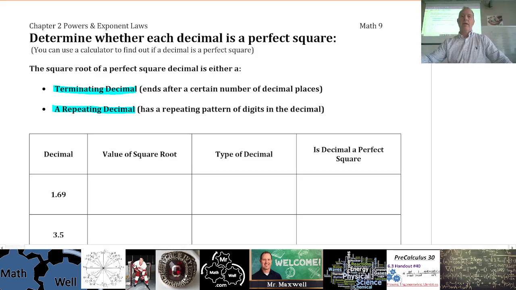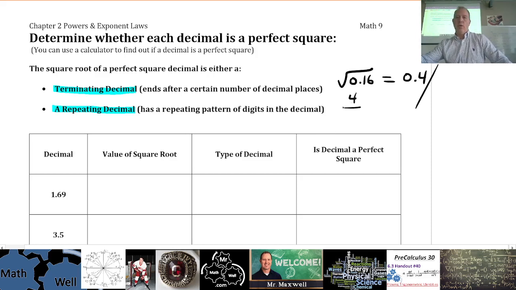Real quickly, let's do it this way. The square root of 0.16 is 0.4. See how this decimal terminates? It stops. What about a repeating decimal? Check this one out: 4/9.